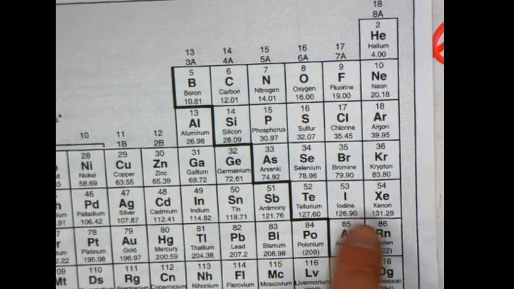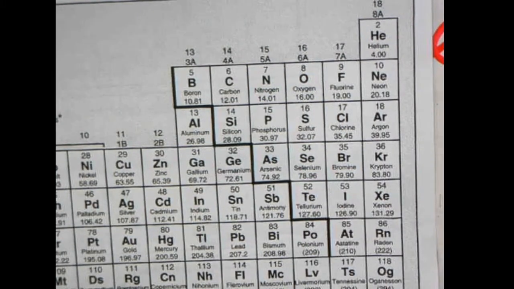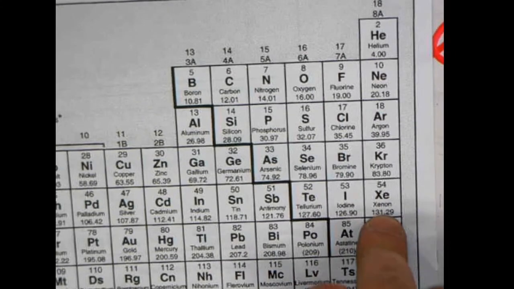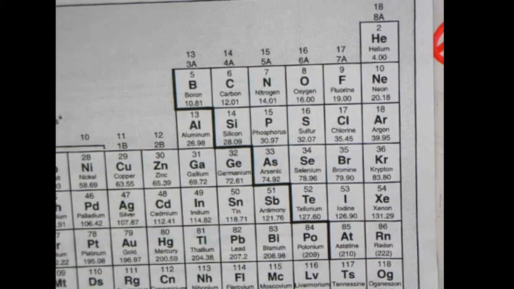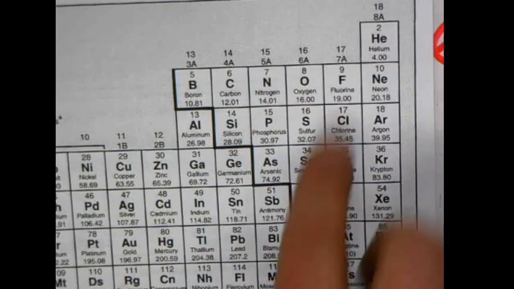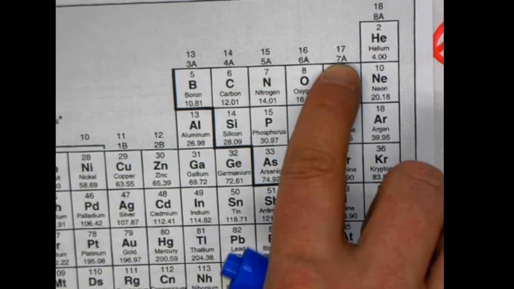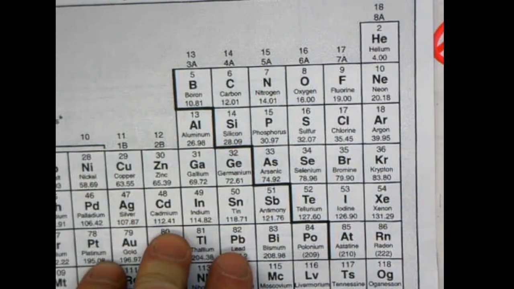That's why, when we discussed those groups, we said that noble gases were considered inert or unreactive, because they have a full complement of electrons. Again, we'll get into more of those specifics later. But down each column, you're going to find similarities. Those similarities start with the number of valence electrons that the atom has.